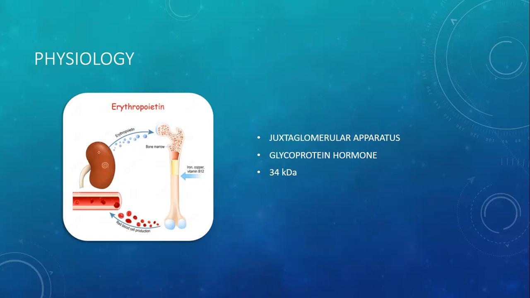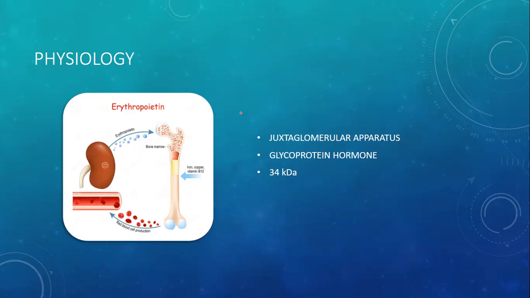And that was the juxtaglomerular apparatus, okay? So when this artery is reaching the glomeruli, that is where this apparatus is formed, the juxtaglomerular apparatus.